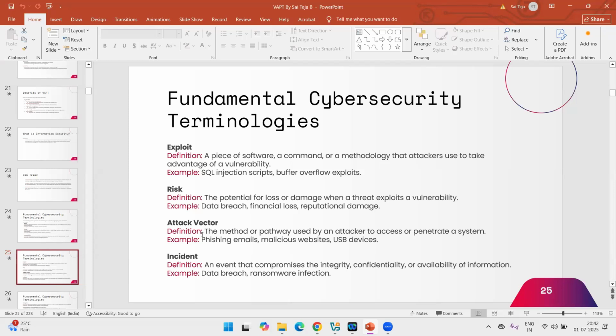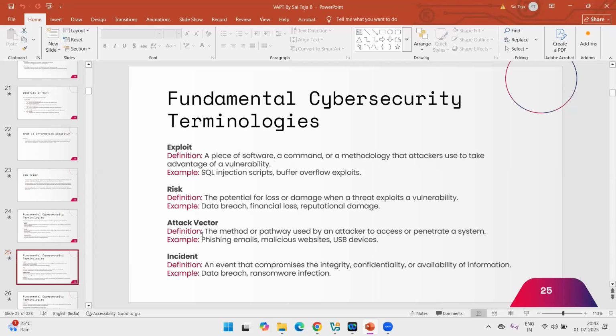Understand? And of course, when this kind of malicious thing happens, we call it an incident. An event that compromises the integrity, confidentiality, or availability of the information, we can consider that as an incident. Let's say I'm attacking your system, doing some password cracking attack.